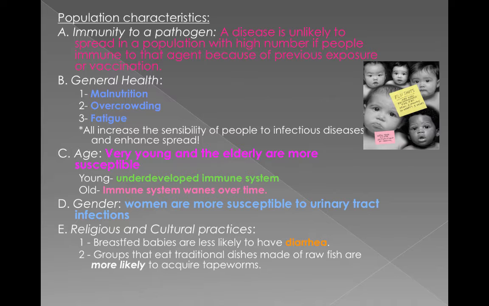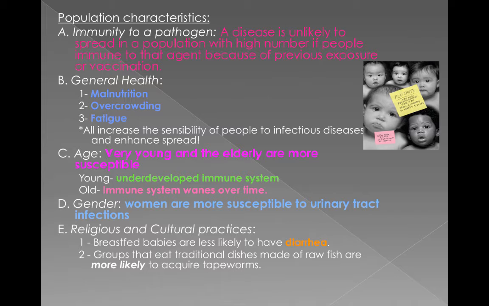Now I want to talk about what are the characteristics of a population of people that might make a disease spread. So immunity to a pathogen, as we studied with herd immunity, might prevent the spread of a disease within a population. So that's beneficial to us. Now, of course, we can control that by providing vaccinations to the young people.